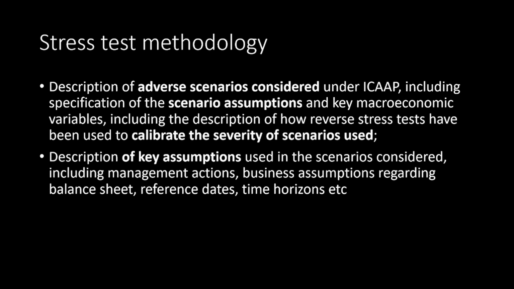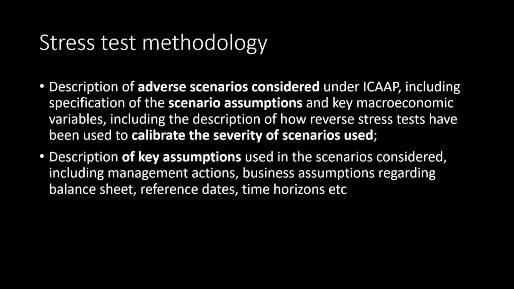And then description of key assumption used in the scenarios considered, including management actions, business assumptions regarding balance sheet, reference stage, and time horizon. So yeah, it could have a short-term impact, it could have a medium-term and long-term impact. What management actions are expected to be taken in adverse scenarios if something bad happens.